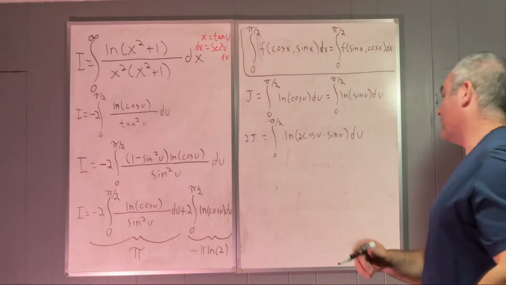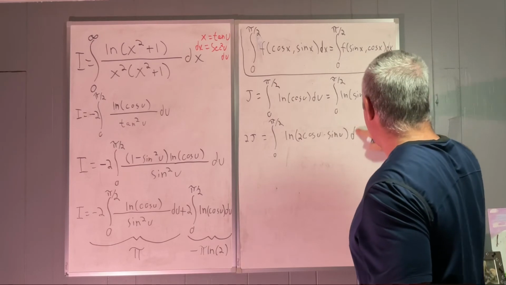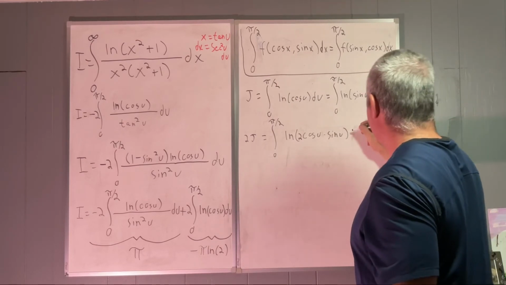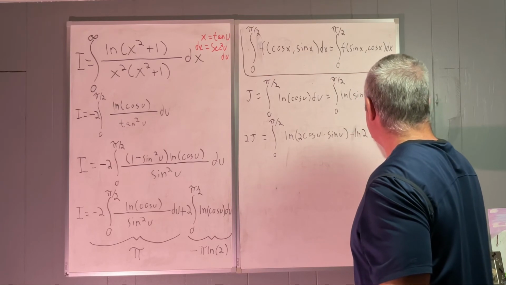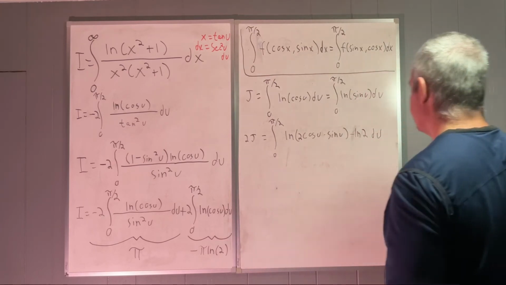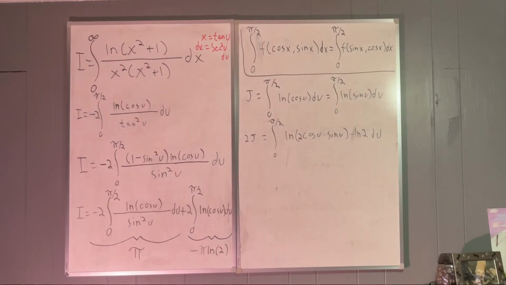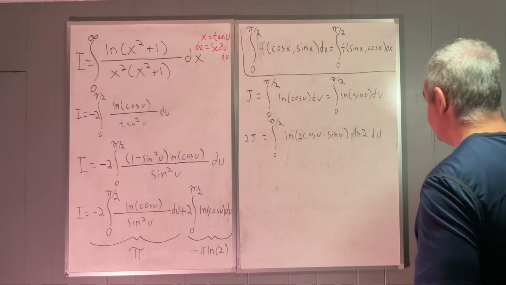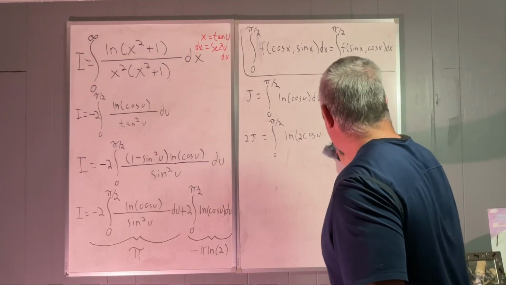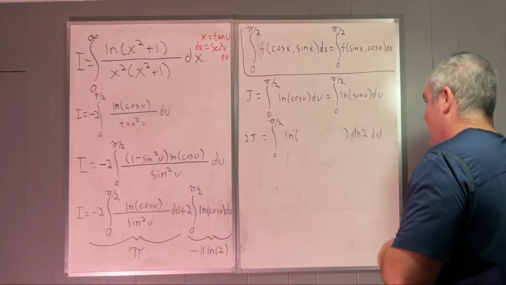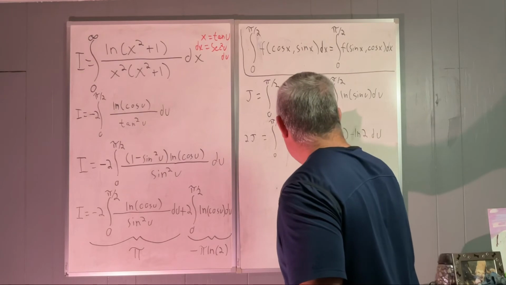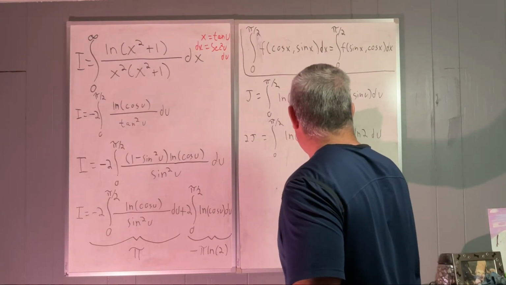So we need to subtract natural log 2. There we go. Then we recognize that that is simply sine of 2u.